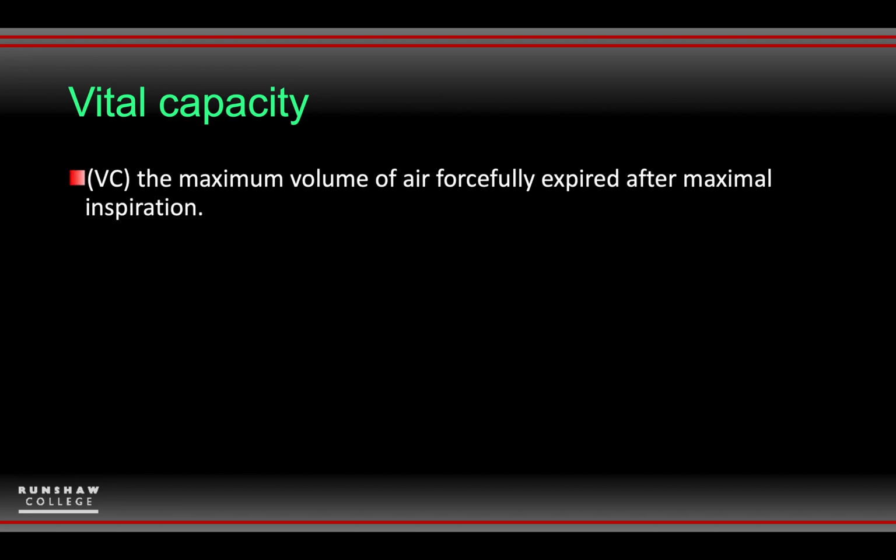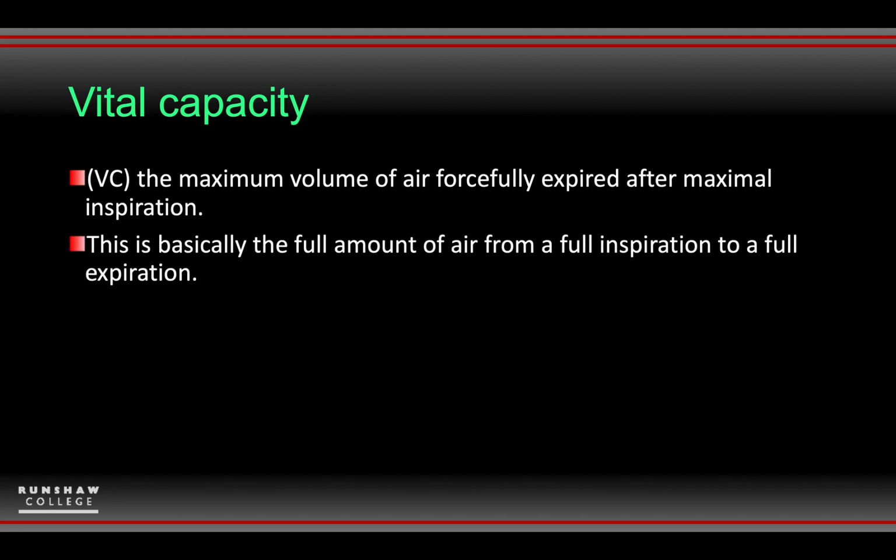So vital capacity is taking the biggest deep breath in you can, and then taking the biggest expiration you can. And it's the volume of air from full inspiration to full expiration. And that's about 3.5 litres to roughly 6 litres.